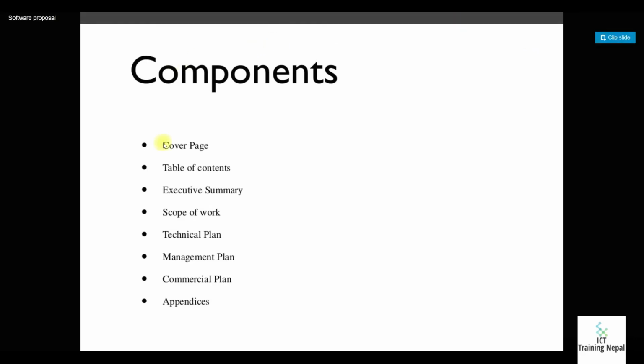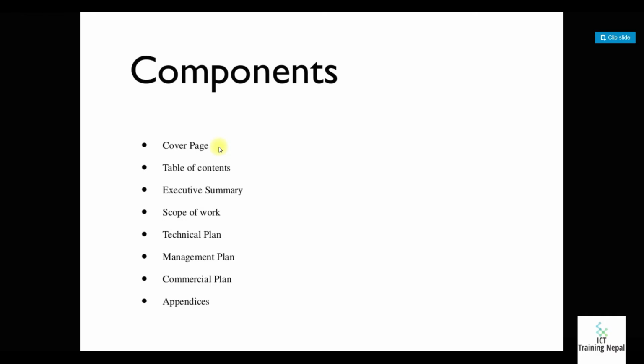First of all, what we need is the cover page for the software proposal. After the cover page, we need a table of contents, right? We have also learned these things in many software engineering classes if you are from an IT background.